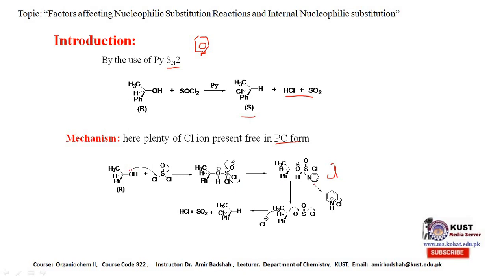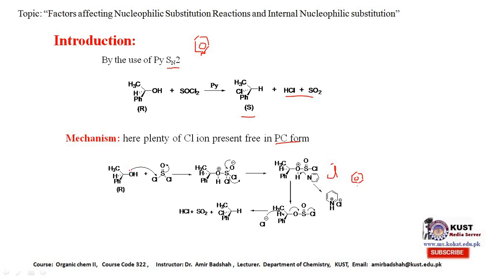pyridine are present, but the capacity of the nitrogen of pyridine to take the hydrogen is more compared to the chloride ion. So instead of the chloride ion, this hydrogen is taken by the pyridine, and we will get a pyridinium ion.